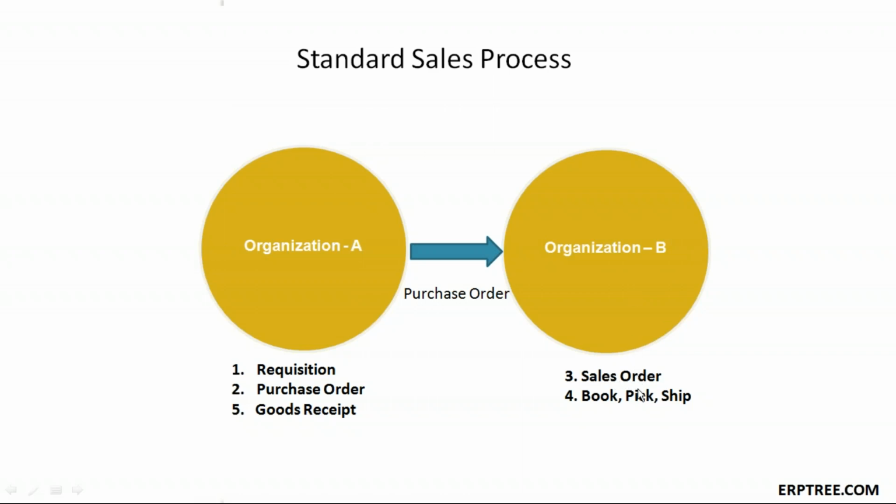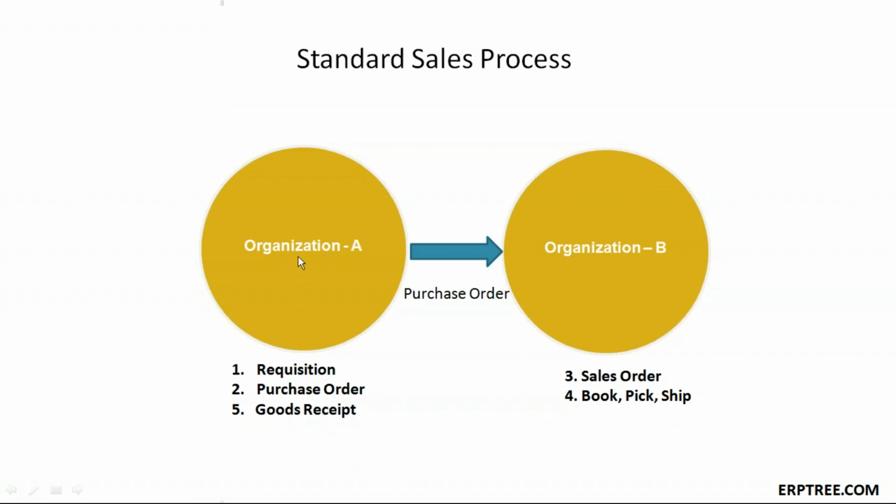Once they record the sales order, if the stock is available within their warehouse, they book the sales order and do the picking of the material as per the customer request, and finally they ship the material to organization A. The moment organization A receives the material, they'll record goods receipt.